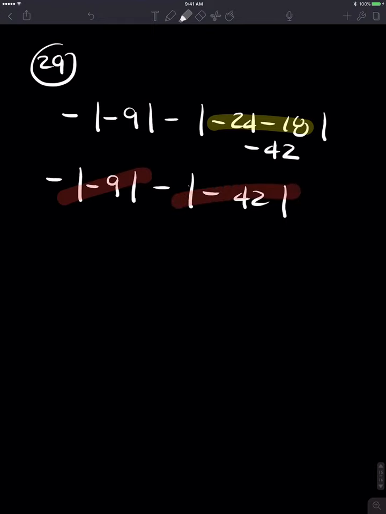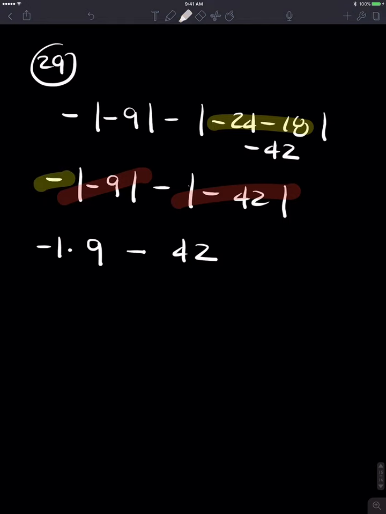The absolute value of -9 and the absolute value of -42. The -1 sign is already here. So the absolute value of -9 is +9, my subtraction sign is here, and the absolute value of negative 42 is a positive 42.